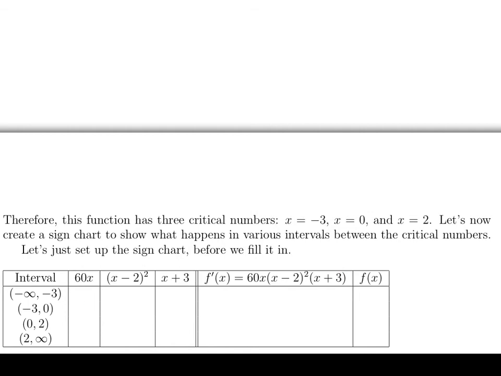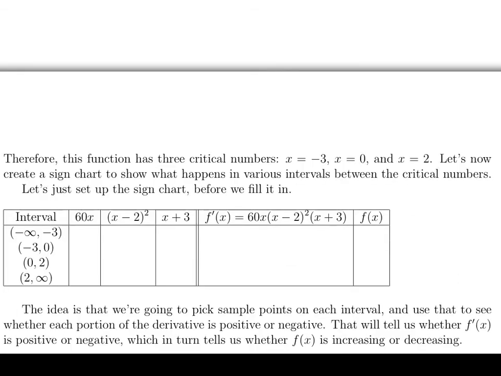So let's take this entry here and decide whether or not it's going to be a positive or a negative. What we're going to do is just pick sample points on each interval and use that to plug into each piece to determine if it's positive or negative. Now once we have the table all put together, that's going to tell us whether f prime is positive or negative, which in turn tells us whether the function is increasing or decreasing.